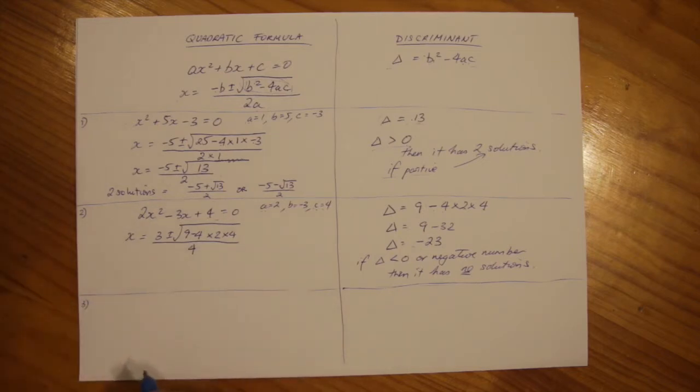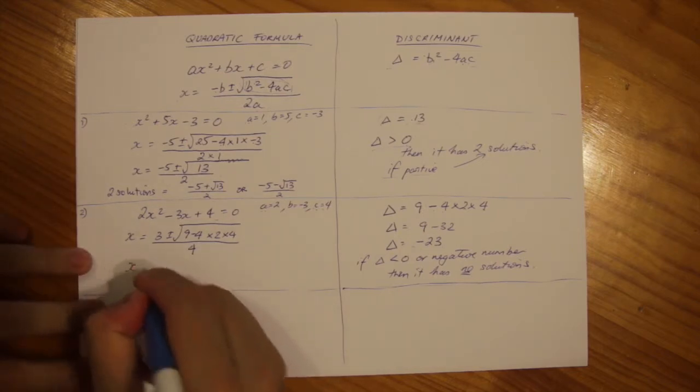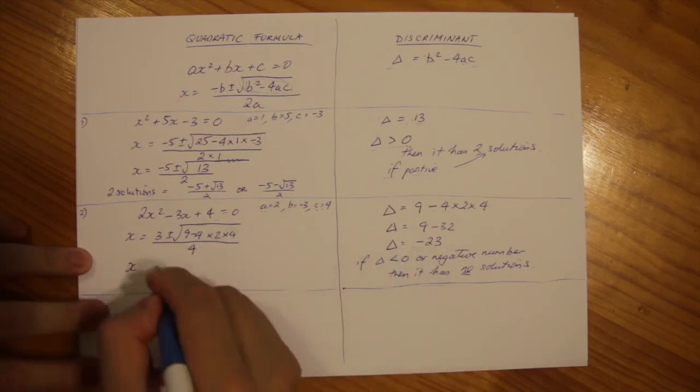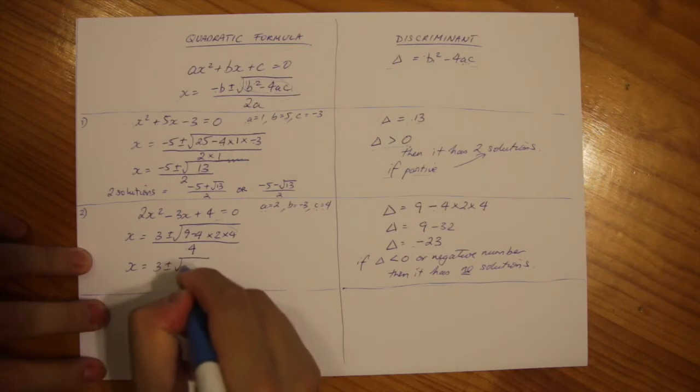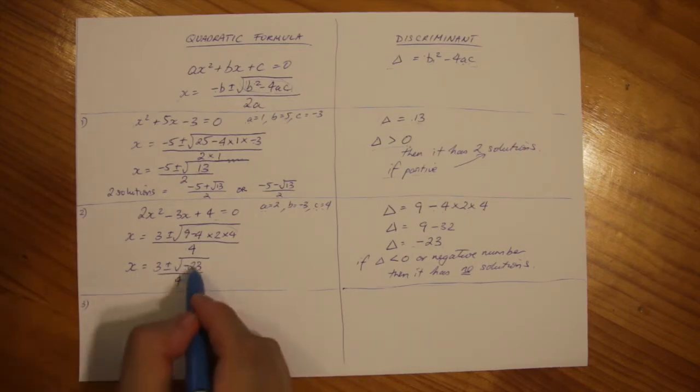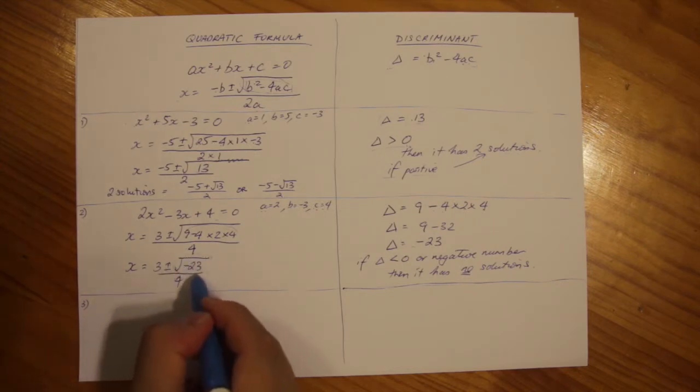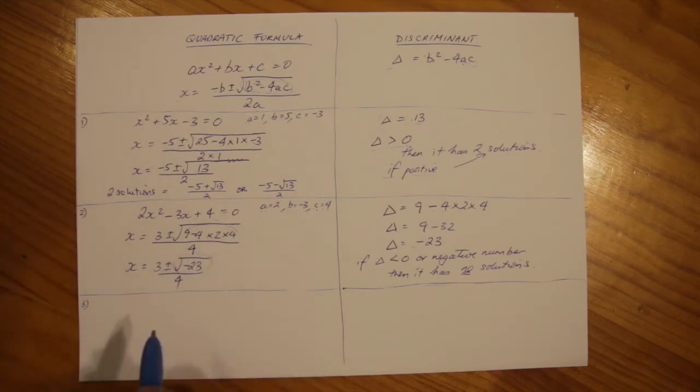Okay, now we already know that this component becomes -23, so 3 plus or minus the square root of -23 over 4 is our final answer, but it is impossible to have the square root of a negative number.